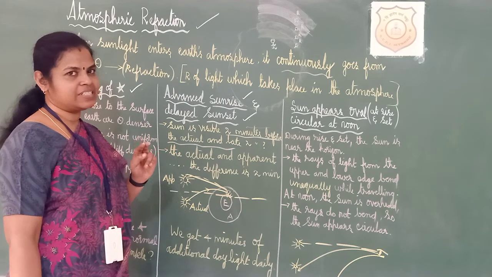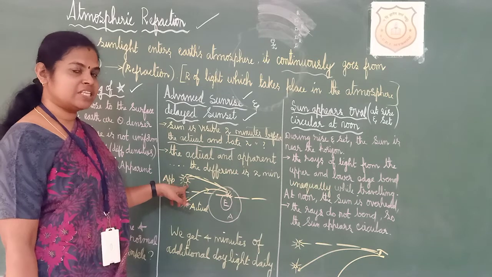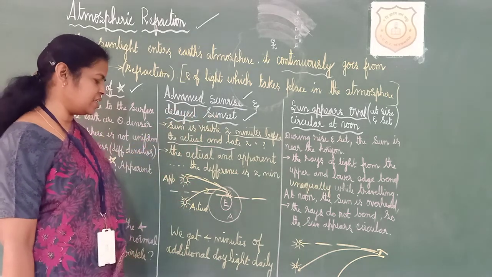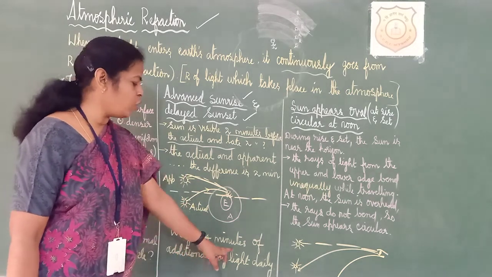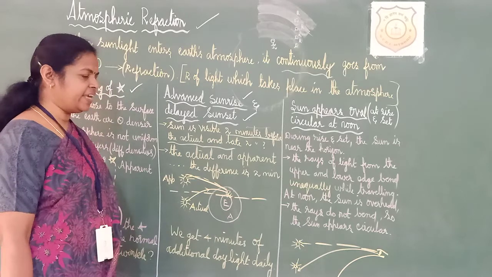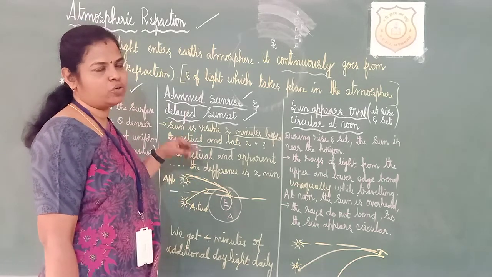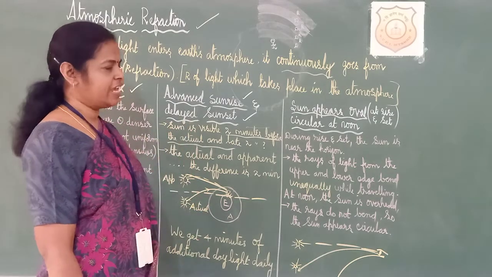The sun will set at 6 o'clock, but you will see it till 6:02. So that is advanced sunrise and delayed sunset. So in total we are getting 4 minutes additional daylight every day. 2 minutes during sunrise and 2 minutes during sunset. So daily 4 minutes we are getting extra.